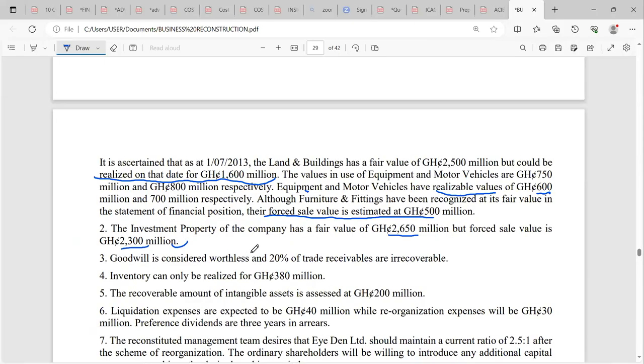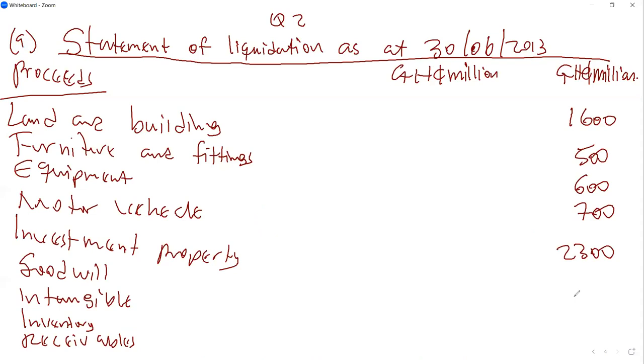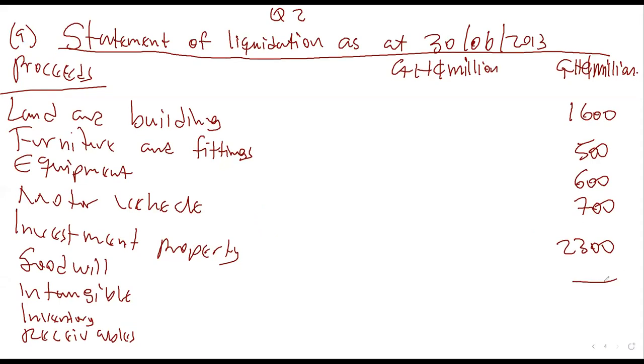Goodwill is considered worthless. Please, there's an N here. N means stop. They say goodwill is worthless, which means their for sale value is 0. So for goodwill, put a dash. Don't bring any figure there because it is worthless, valueless. We are not actually going to realize any amount.